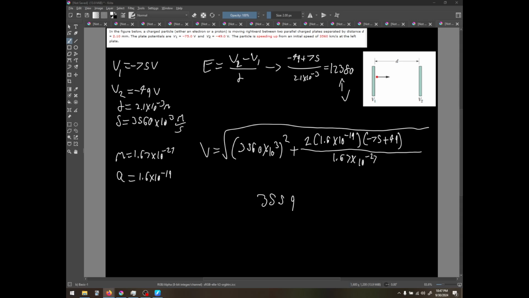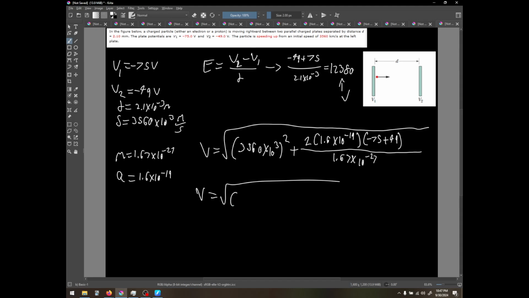Okay. Let's see what these people are getting. They're saying that V equals the square root of, so they have this same thing here, 3560 times 10 to the third squared, plus then they have this big thing here, and it's, oh no, there's this minus.